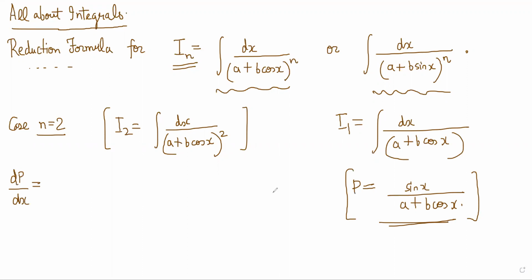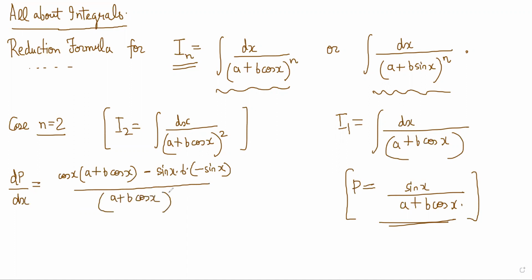Differentiation of p will become cos x (a plus b cos x), I'm doing it by quotient rule, minus sin x into b into minus sin x, divided by (a plus b cos x) whole square.